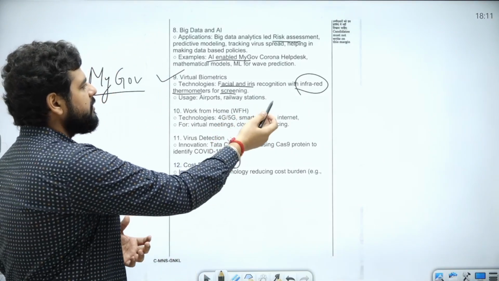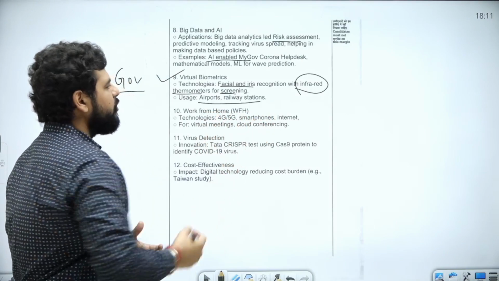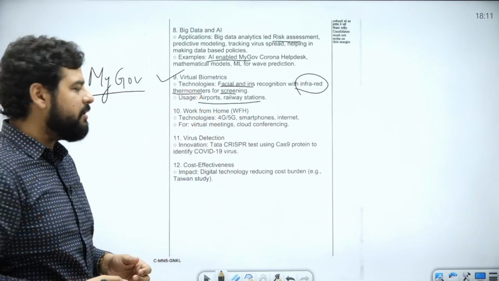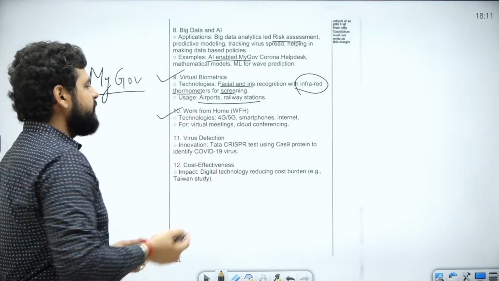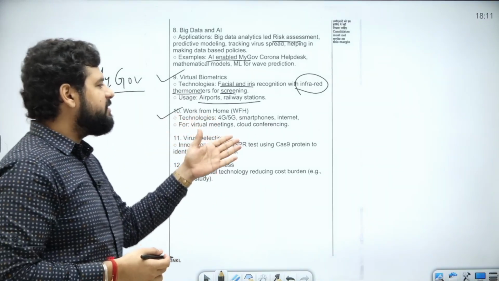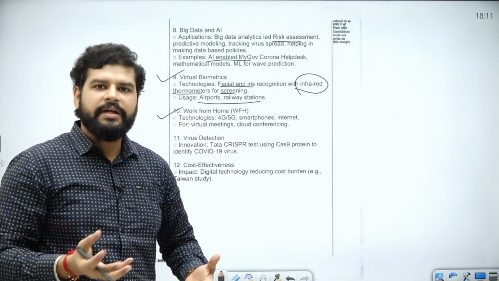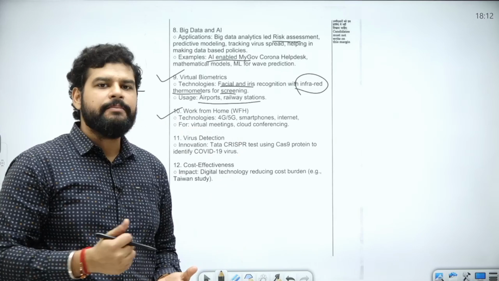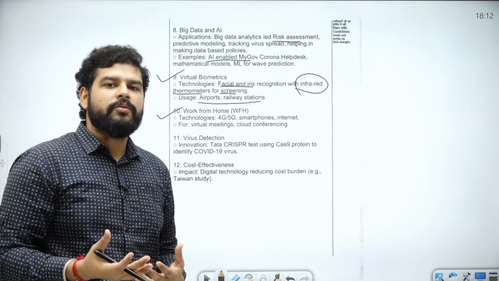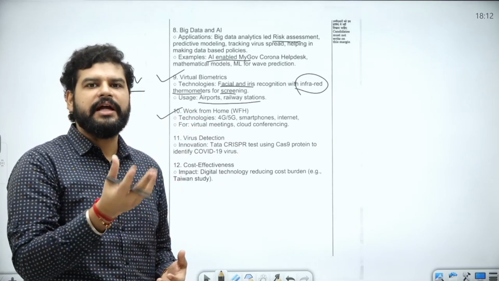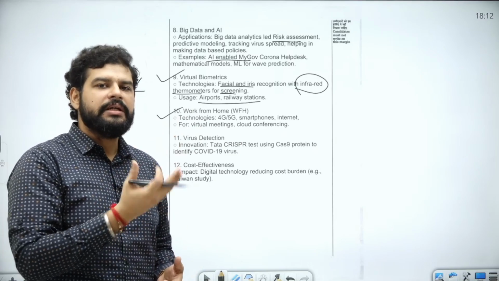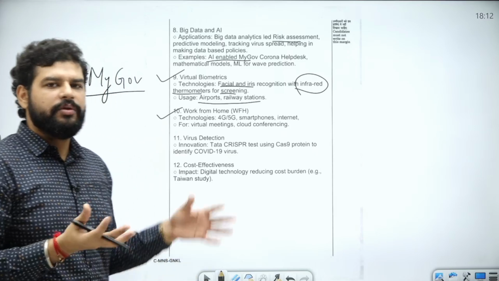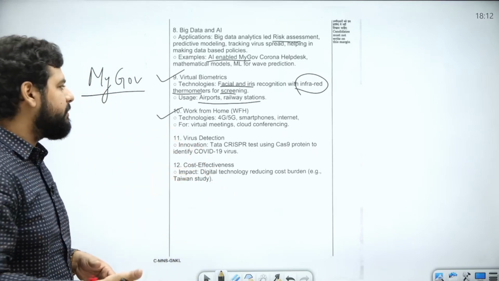That radiation was tracked, and at many airports and railway stations, biometrics were used. Work from home: technologies like 4G, 5G, a smartphone and internet, let's say broadband, were used to work from home. Like I previously mentioned, that was more in the context of education. This is more in the context of work from home. So you can combine those points or you can write them separately.